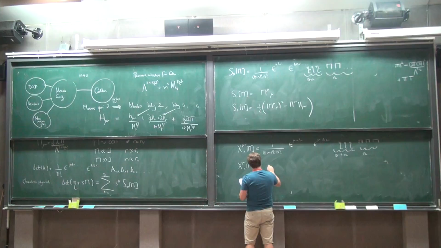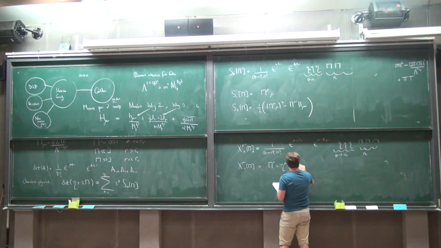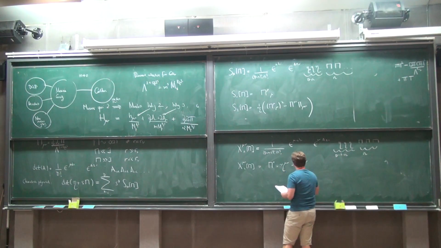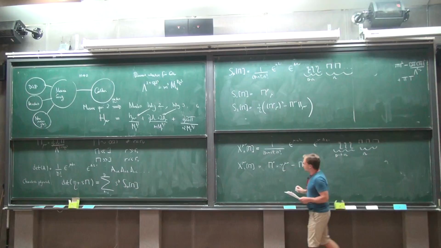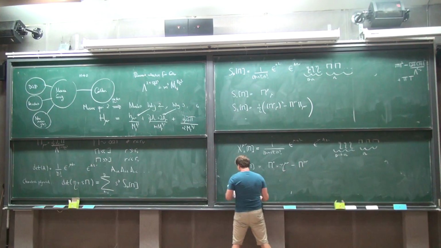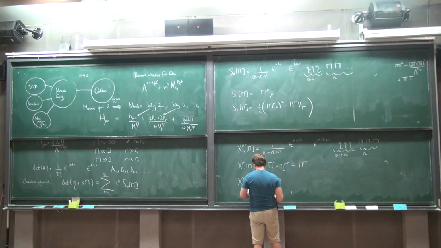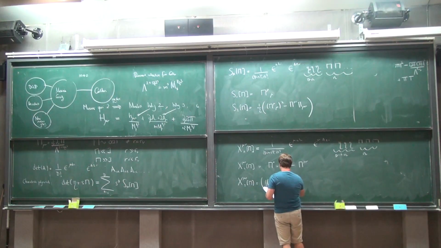Just to give a feel of what that looks like, X mu nu 1 of pi is equal to the trace times eta mu nu minus pi mu nu. And X 2 is quadratic in the pi's, and offhand it's not entirely obvious to guess what it is. It's the square of the trace minus the trace of the square.